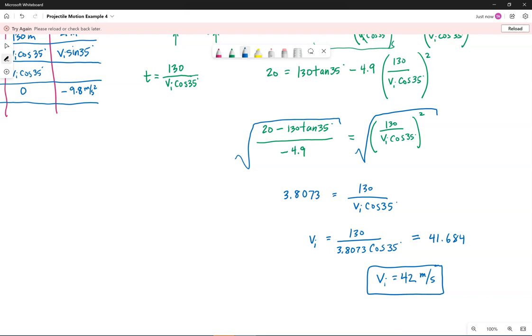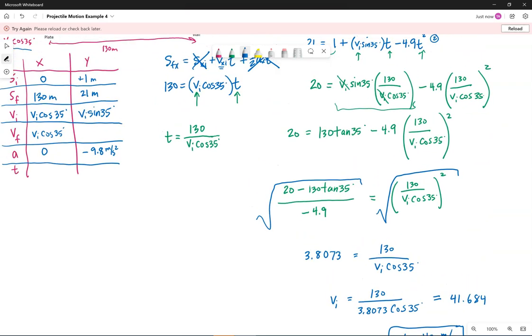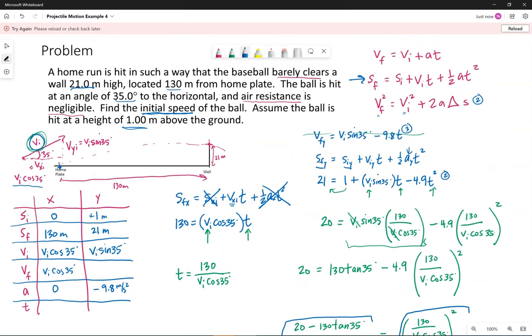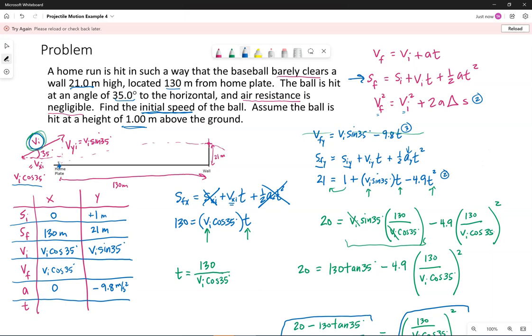All right, this problem is significantly harder than the previous one, mainly because we end up with a system of equations. As long as you can still recognize that we need to split into x and y, we can use the kinematic equations. We want to start writing these values out.